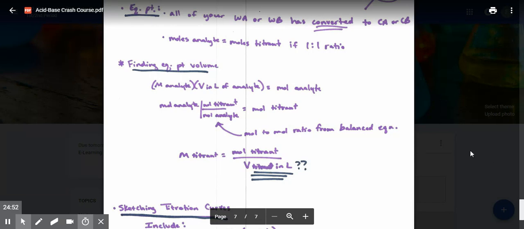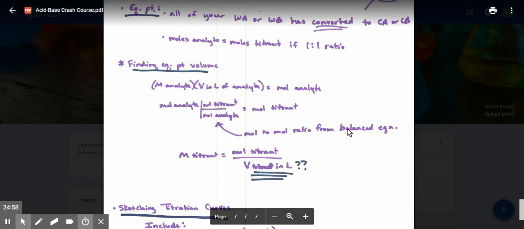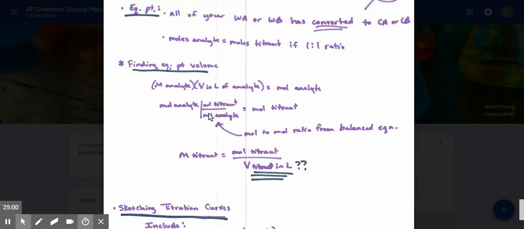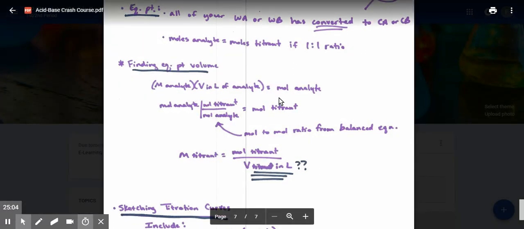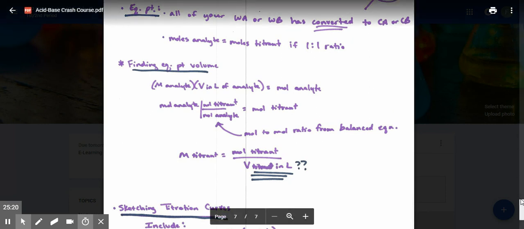Then I take those moles and do a mole-to-mole ratio. That mole-to-mole ratio is coming from your balanced equation. Most of them will be 1-to-1, but not all of them. Then that will give you moles of your titrant. If I know moles of my titrant, I can plug it in here, because I will more than likely be given the molarity of my titrant, and I'm solving for this volume in liters. So that is how I find my equivalence point volume.